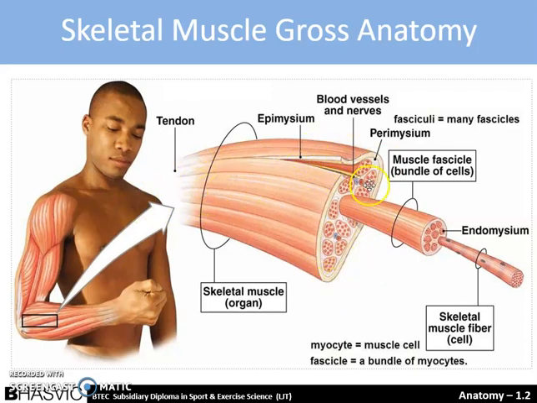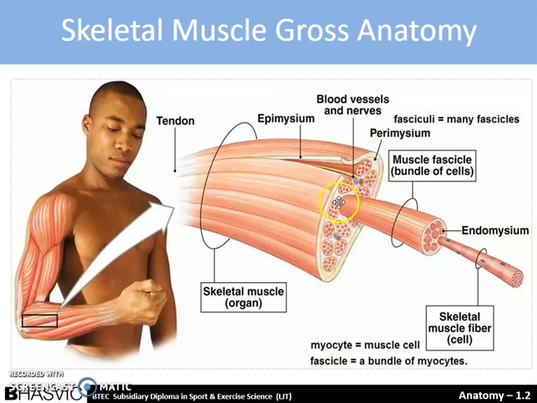Now, this is a cross section of the actual skeletal muscle. On the outside, we have this epimysium, a kind of thick layer around the outside. This epimysium is the connective tissue that covers the entire muscle.